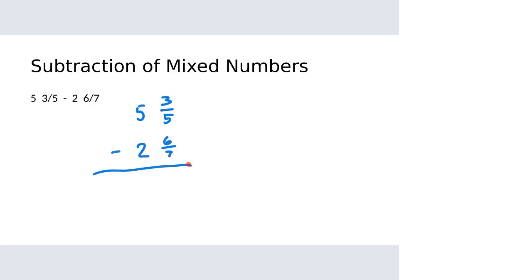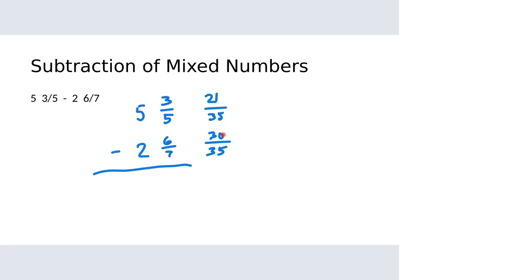I'm going to hold off on that and start with the fractions first. And so I need a common denominator to be able to subtract those. So that'll be, let's see, 5 and 7, that'll be 35. Multiply by 7, multiply by 5. And now I want to subtract 21 minus 30. I can't do that. I can't do 21 minus 30.